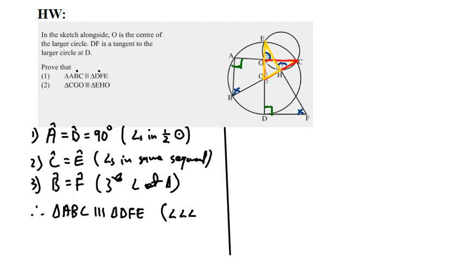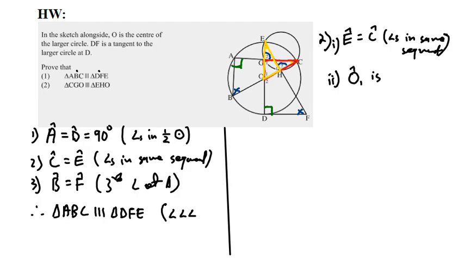So we have already established that angle E is equal to angle C, and we said this is because these are angles in same segment. And then the second statement, and then we are done, is the fact that angle O1 is actually common.